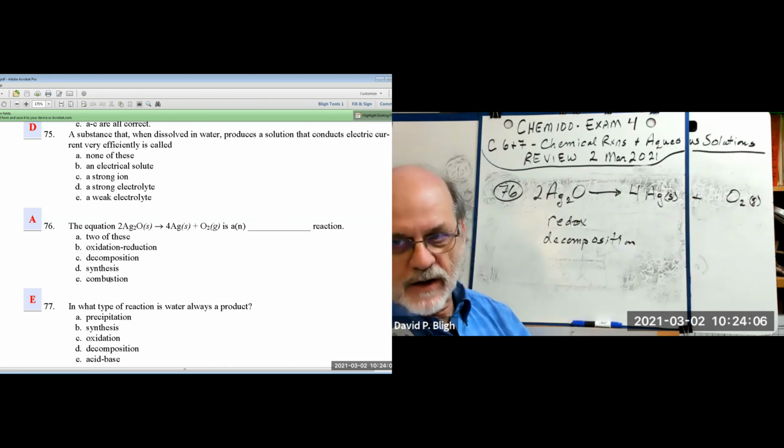We don't have any aqueous solutions that form a solid upon reacting. It's not a double replacement. You have to have two binaries to have a double replacement. Single replacement, you have to have an element and a binary in order to do a single replacement. It's not there. The only possible one here is oxidation reduction.